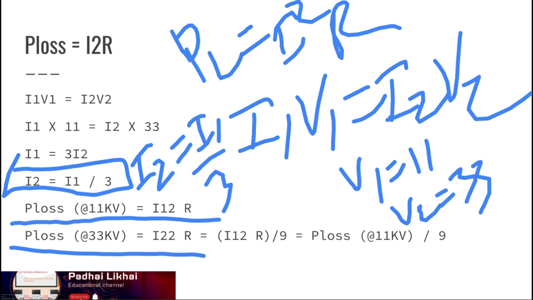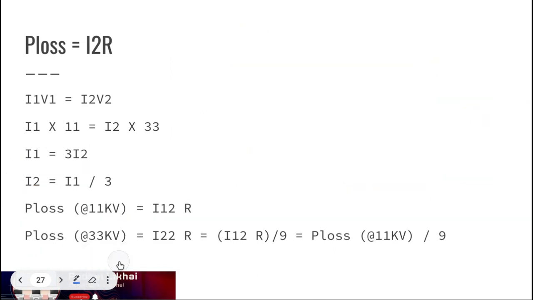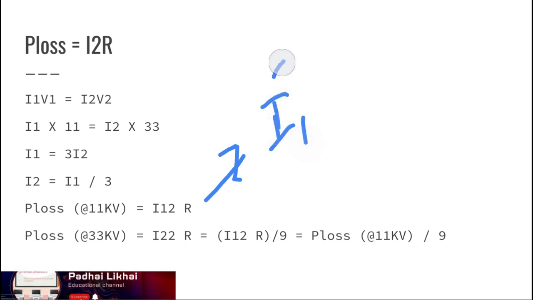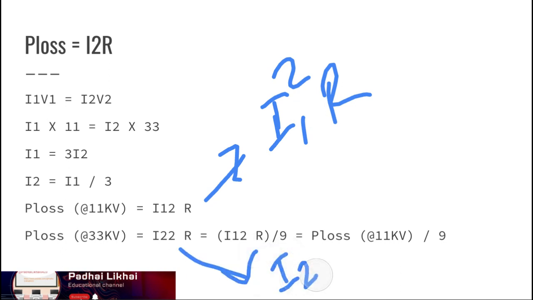Let me erase all. So power loss at 11 kV is I1 square R, and power loss at 33 kV is I2 square R.